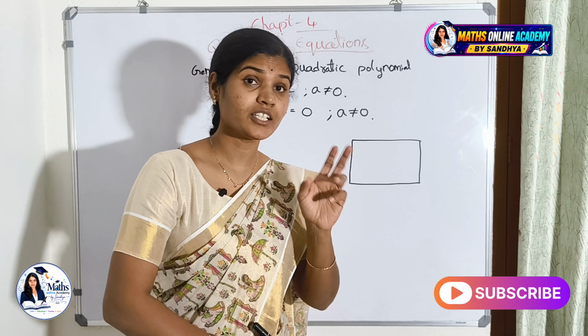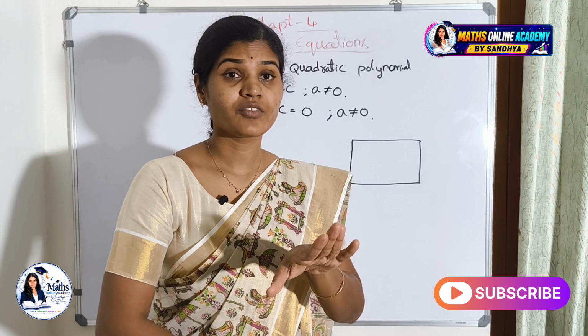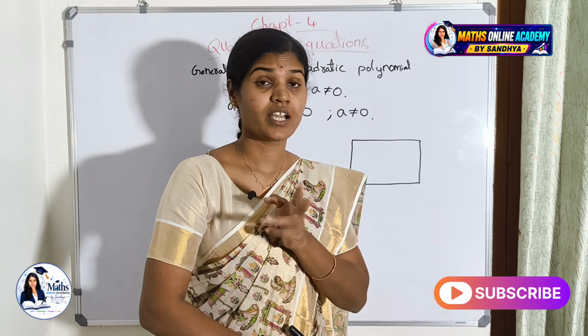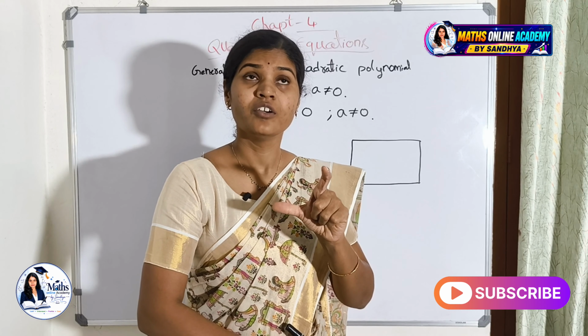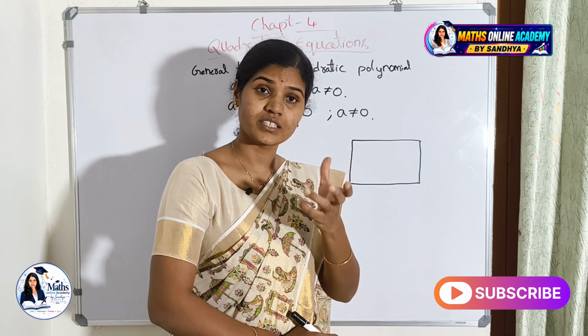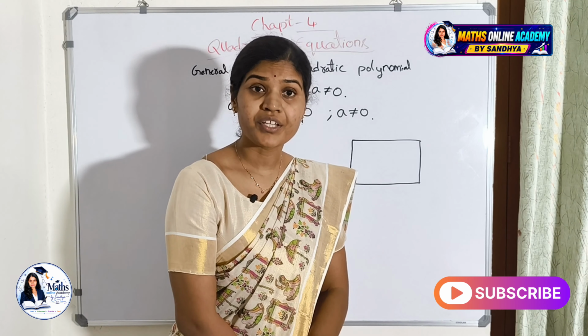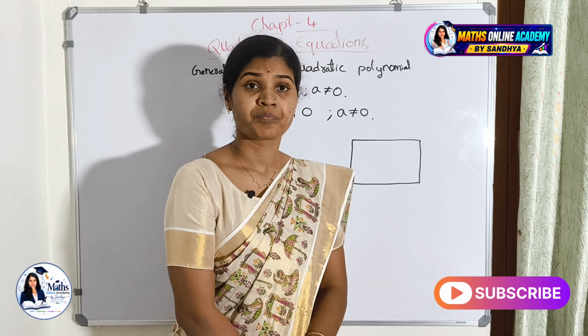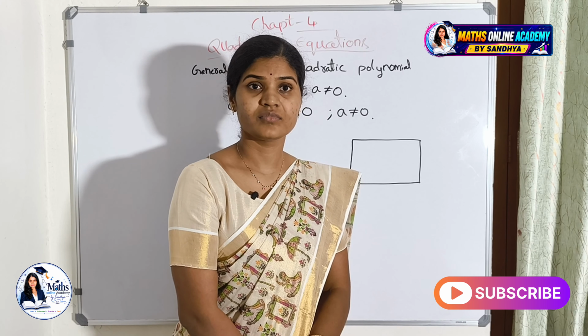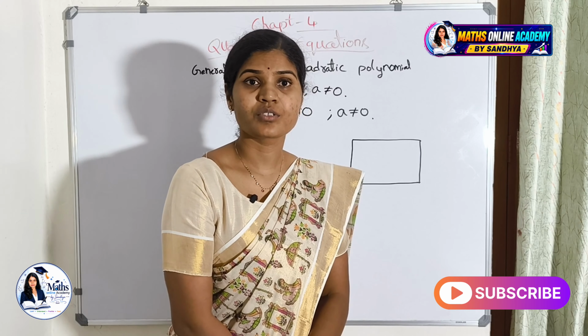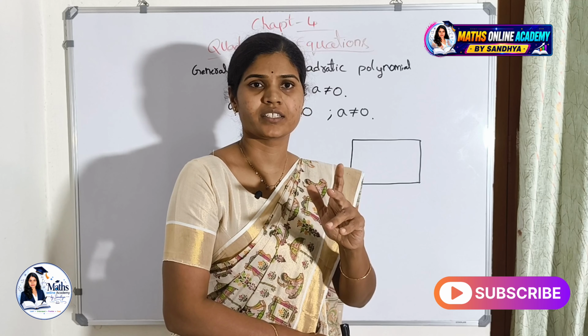Here we get confused between linear equations, pair of linear equations and quadratic equations. If you see the question, why don't we solve it with a pair of equations? But when you see the question, it is different.